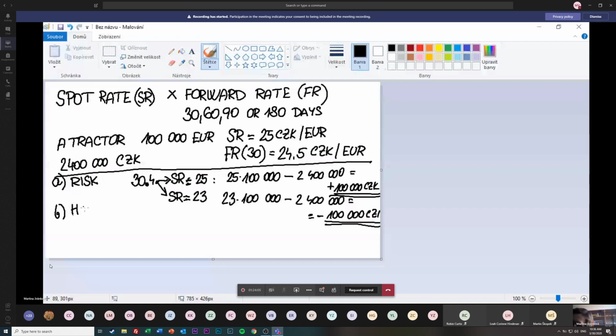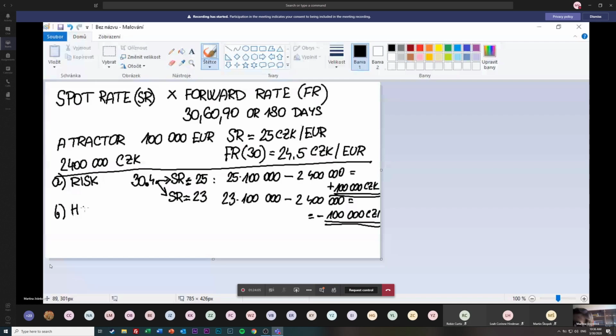So on the 30th of April, I just finish this contract. We will just exchange money with someone, and all the time I knew that I will get 24.5 times 100,000 minus 2,400,000 equals plus 50,000 Czech crowns.